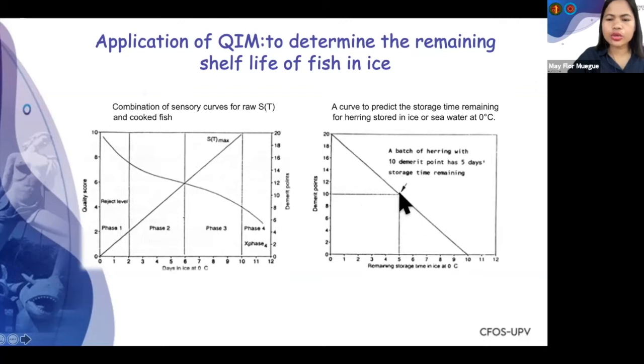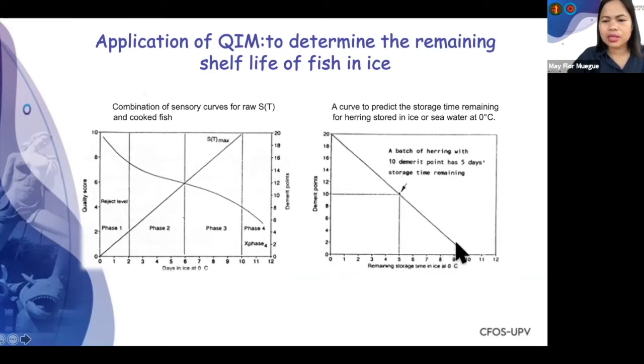Ito yung halimbawa, you get a score of 10. So you will be able to determine, ipa-plot mo siya, tapos kukunin mo yung number of days remaining in ice. You still have 5 days para ma-store mo pa siya sa ice. So halimbawa, 0 yung demerit score mo. Pag 0 siya, you still have 10 days to keep your sample in ice.